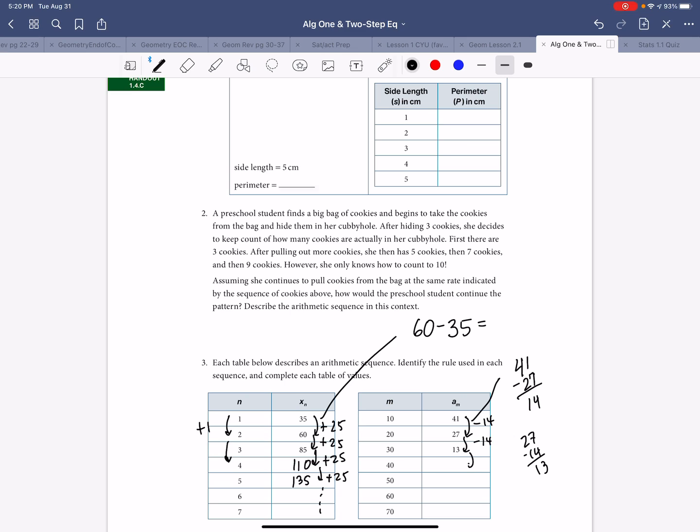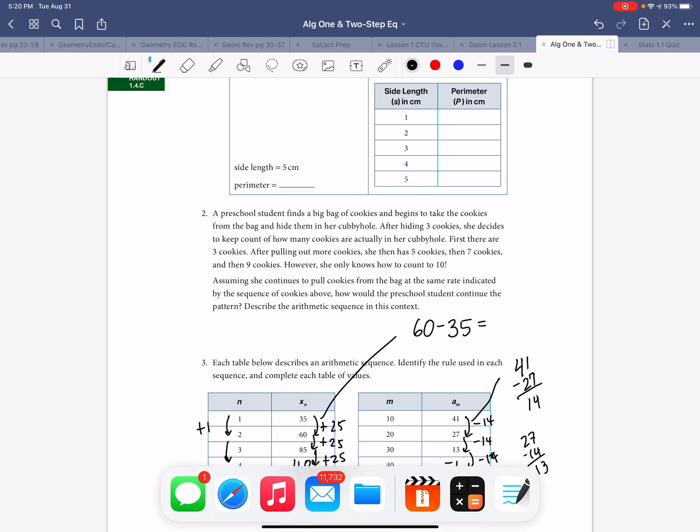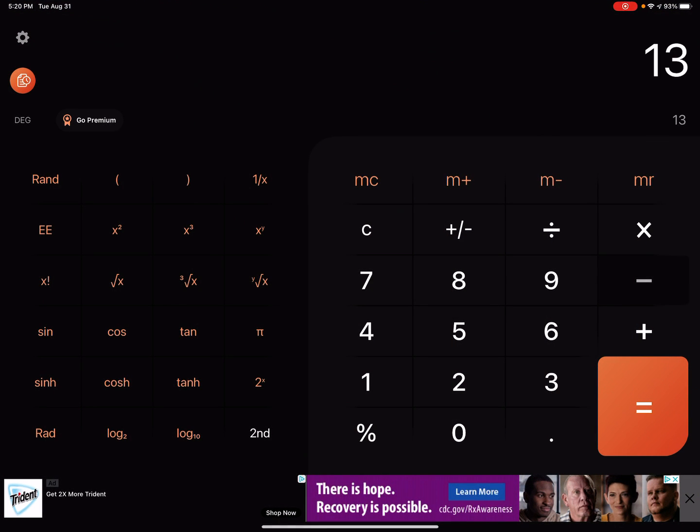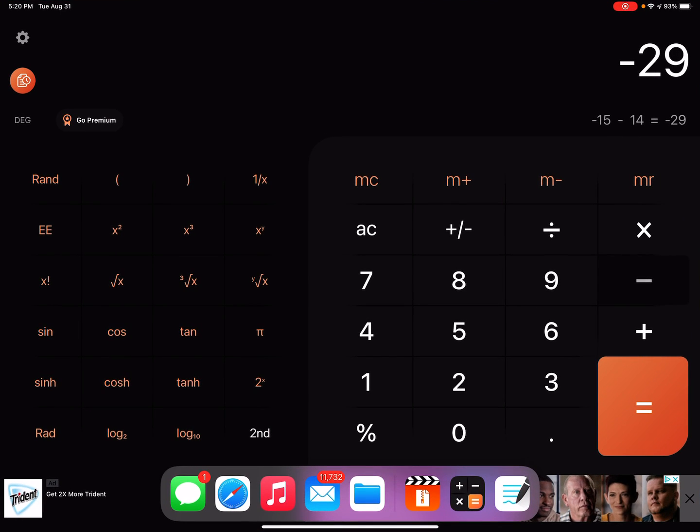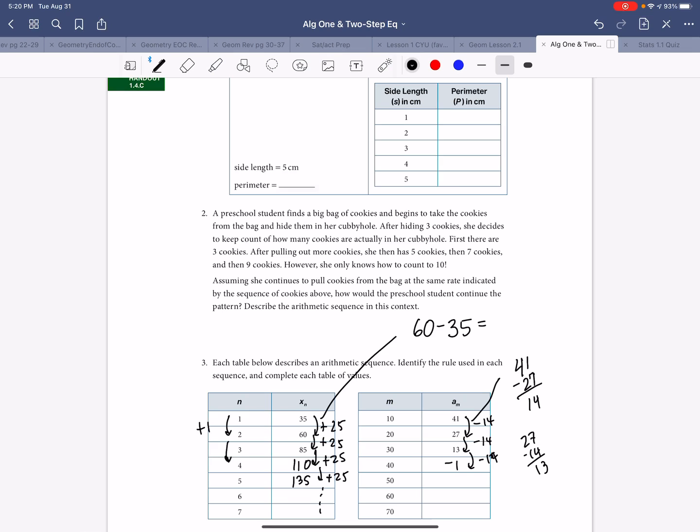Then if I subtract 14 again, I get -1. And that's okay. I'm just following the pattern. So I have 13, take away 14, -1. Take away another 14, -15. Take away another 14, I just keep going, -29. So I'll leave this last one for you.